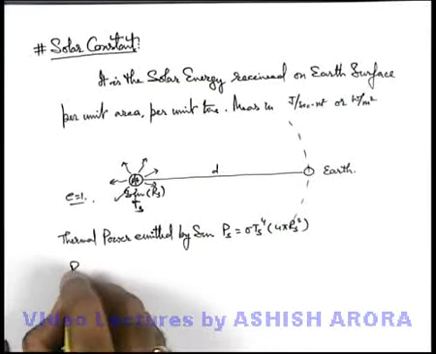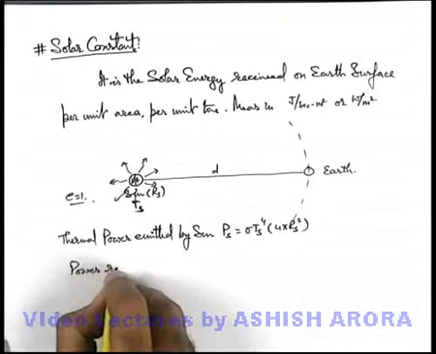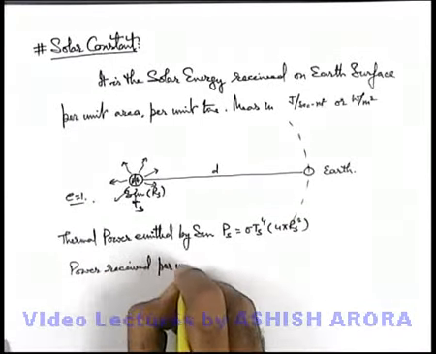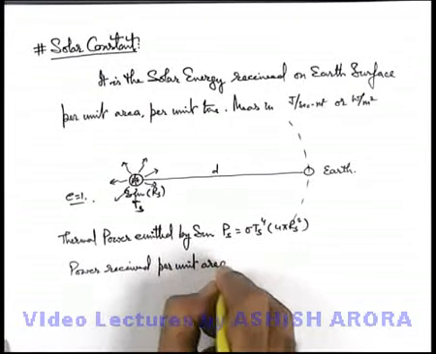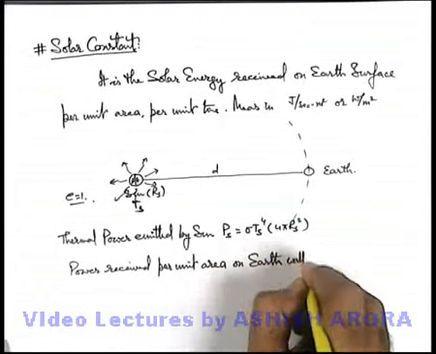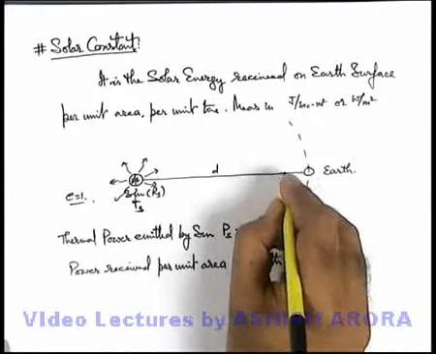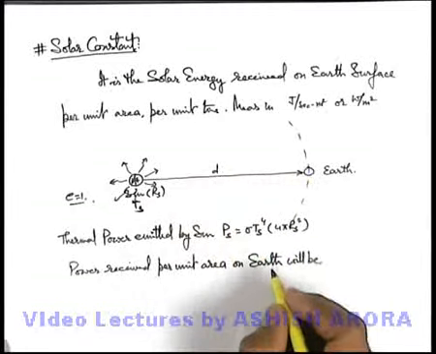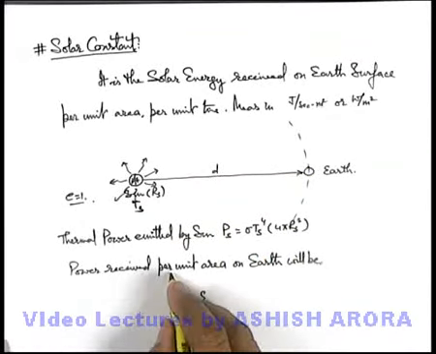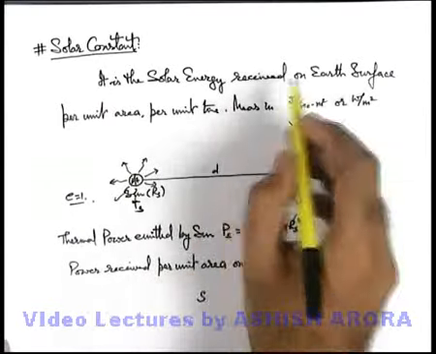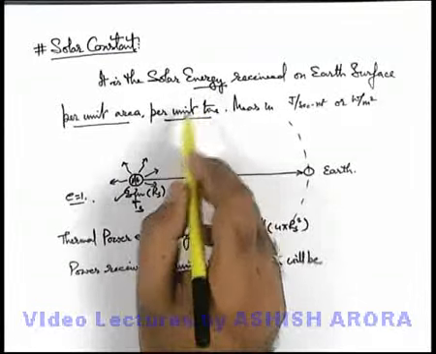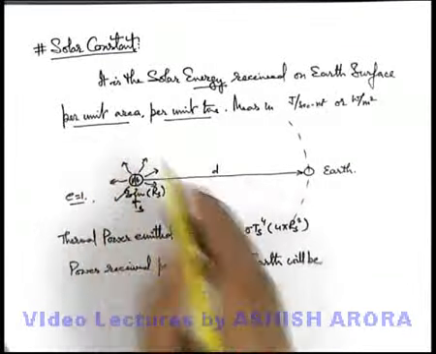So we can directly write the power received per unit area on Earth, which will be normally received by the Earth's surface. This can be written as S, because this is defined as the solar constant, energy received per unit area per unit time. So energy per unit time will be the power per unit area.